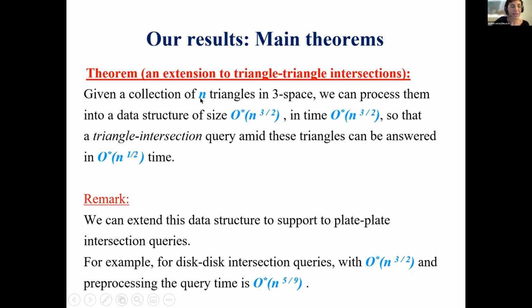As a matter of fact, this result is slightly more general, and we can extend this data structure to support also plate-plate intersection queries. For example, if our input and queries are disks, with n to the 3/2 space and preprocessing, we obtain query time of n to the 5/9.